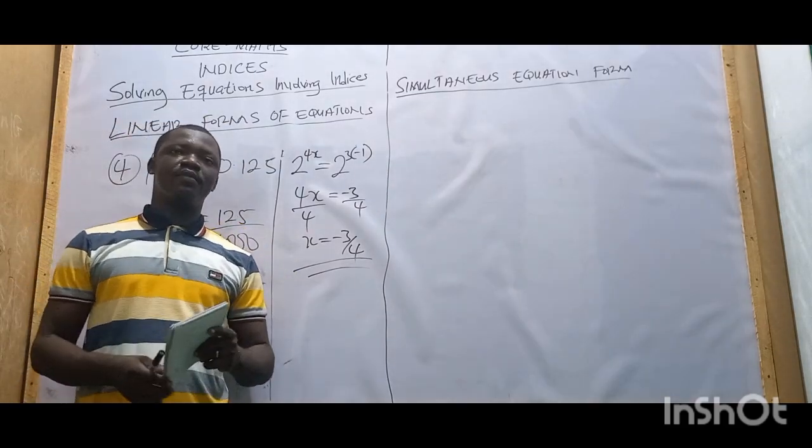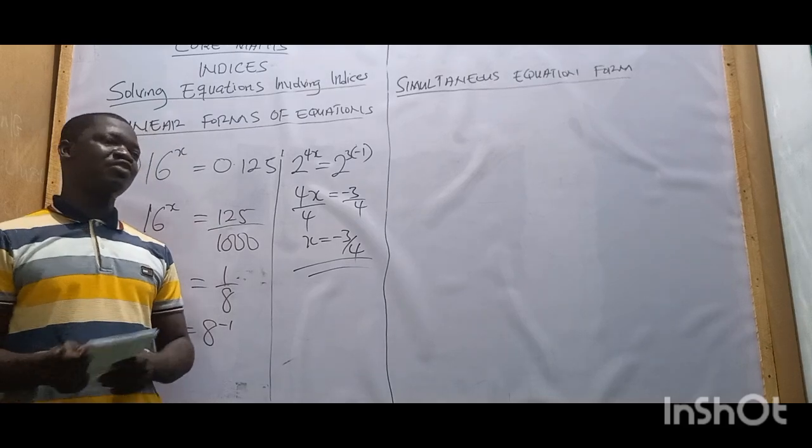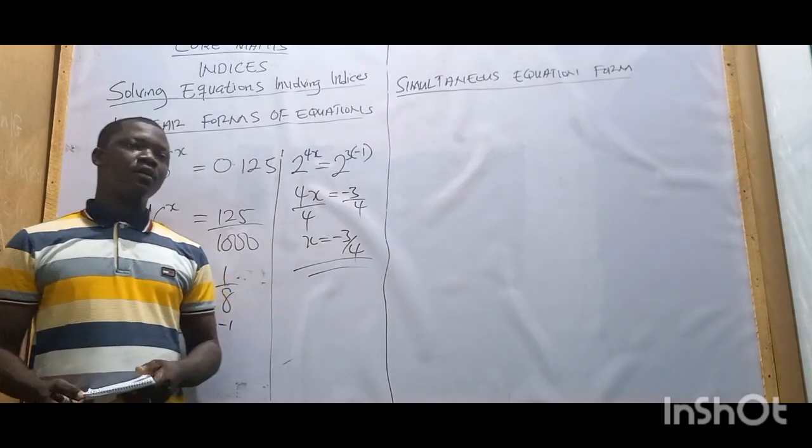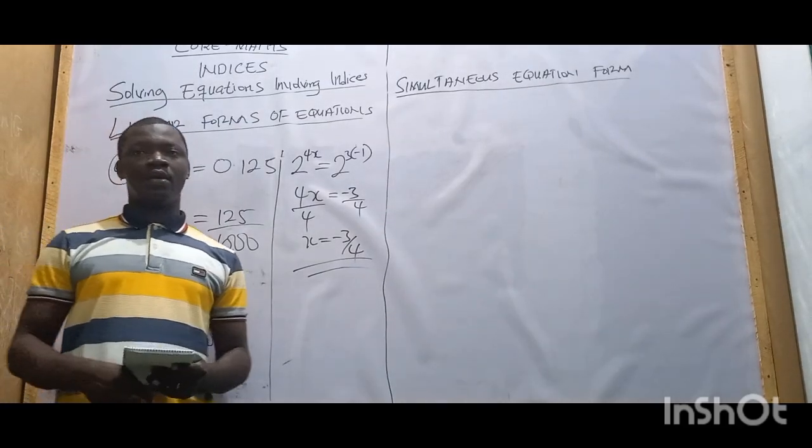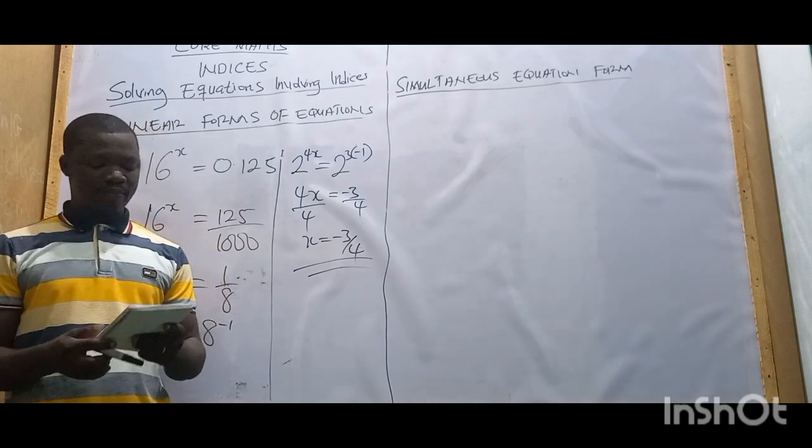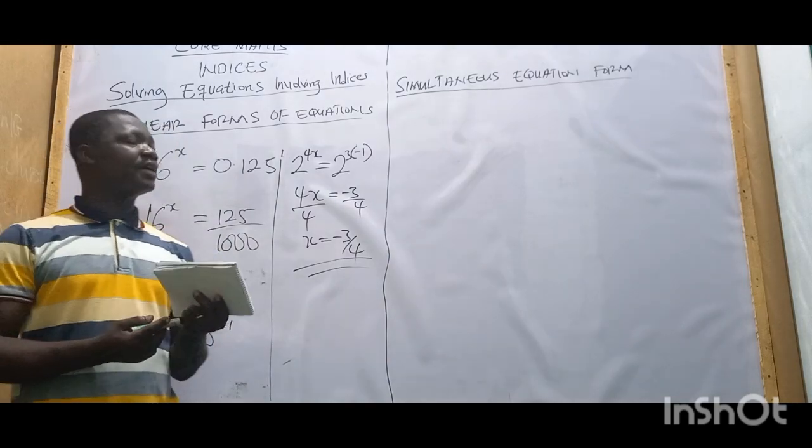The same. So simultaneous equation is just two linear equations with two unknowns, in which the unknowns should be the same, right? So let's take an example.